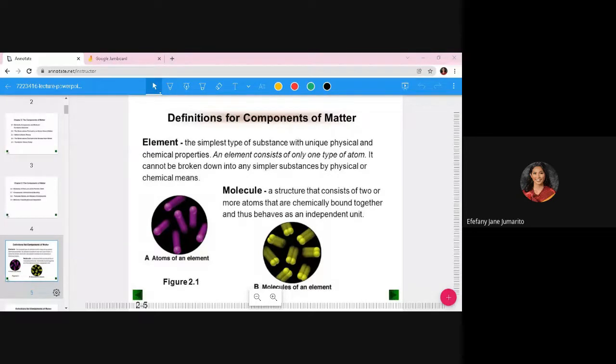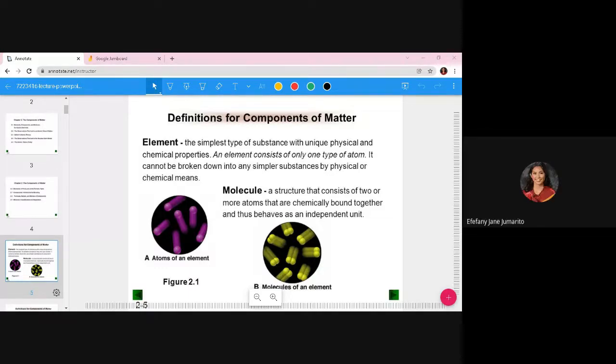An element consists of only one type of atom. Give me an example of elements. Oxygen, aluminum, hydrogen.